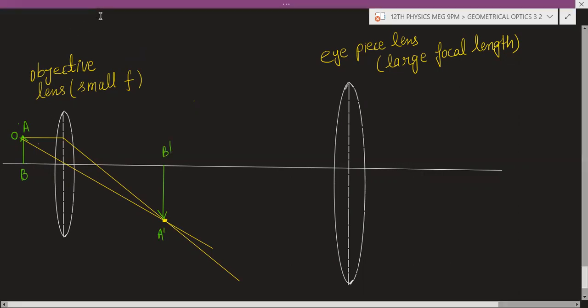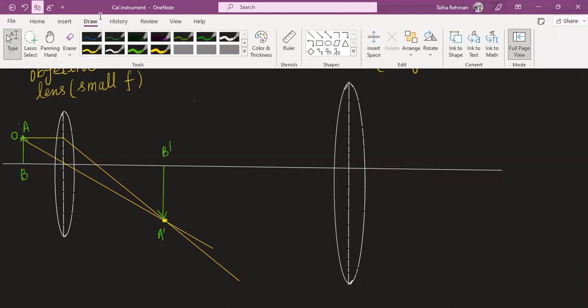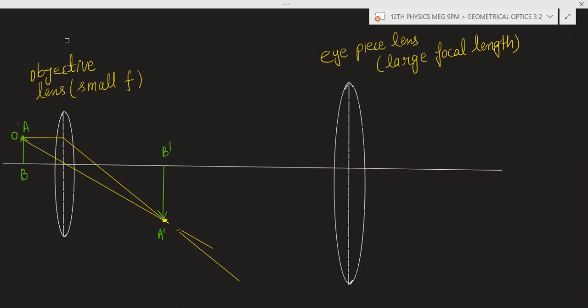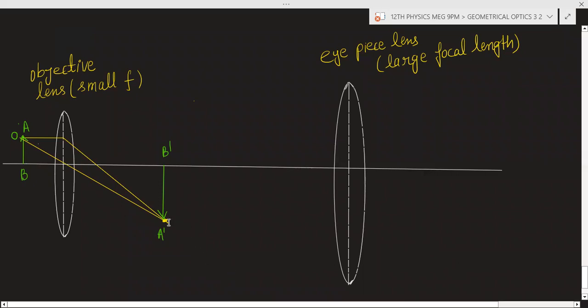The other rays I am removing; there is no requirement for them, so we can remove them. So this is the image formed by the objective lens, and this image is real and inverted.